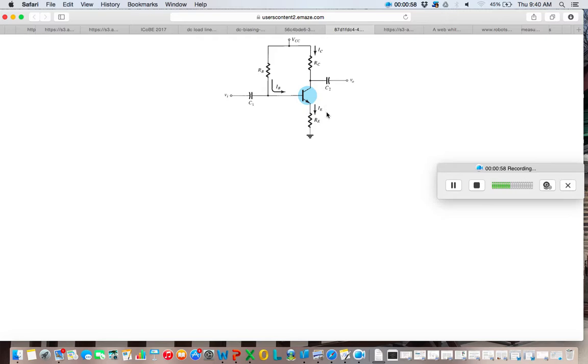On the other hand, the emitter stabilized bias circuit has an additional RE at the E terminal. The reason why we put RE here is very simple, to stabilize the BJT bias circuit.